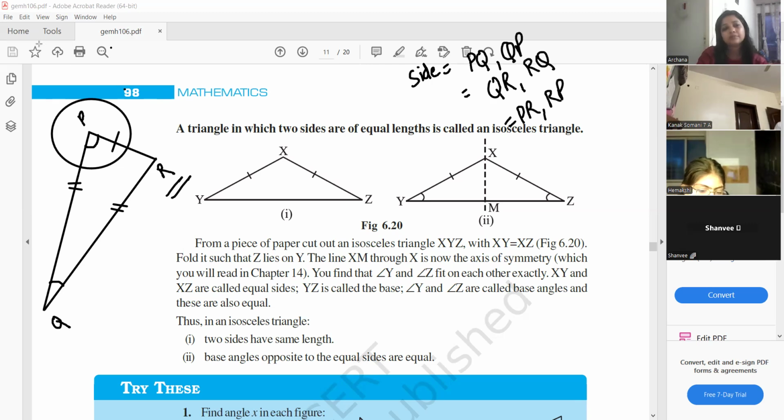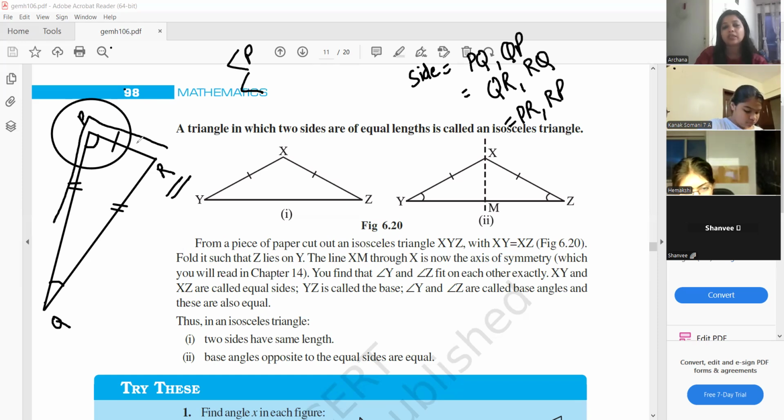Angle P. Is there any other method to name this angle? Angle PQ. Angle PQ doesn't make sense. The other method is RPQ because it starts from R, bends here, takes a diversion here, and ends here.